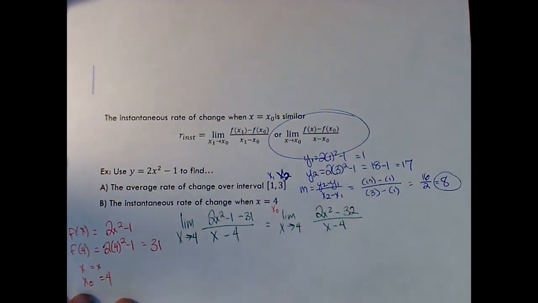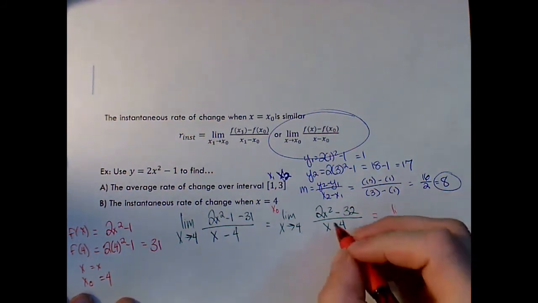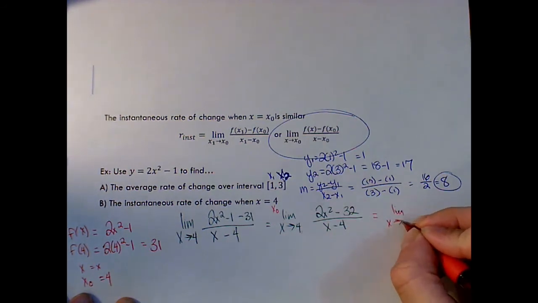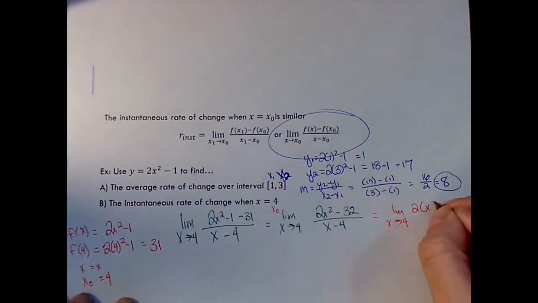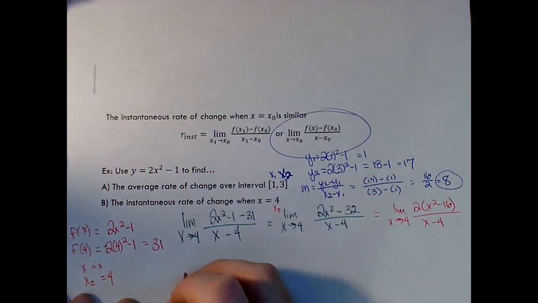Can I plug in 4? Nope. So let's try this. Let's try pulling out a 2. Can I plug in a 4? No. Can I factor that? Yes. That would be a difference of squares, kids.